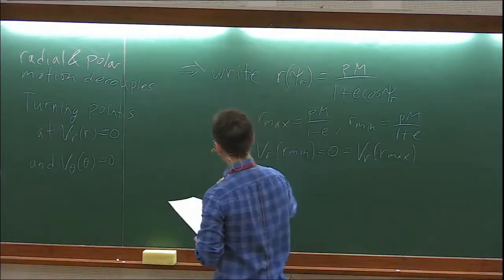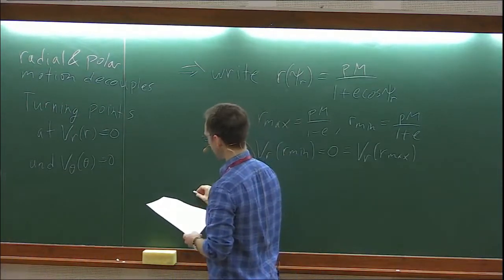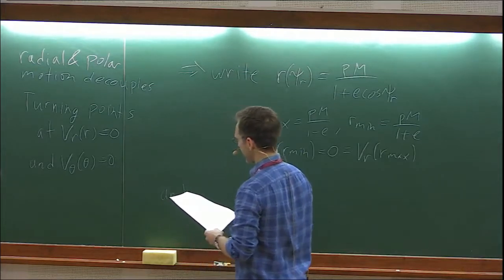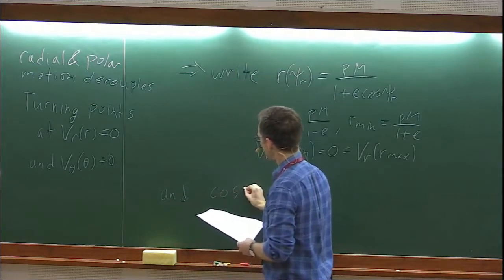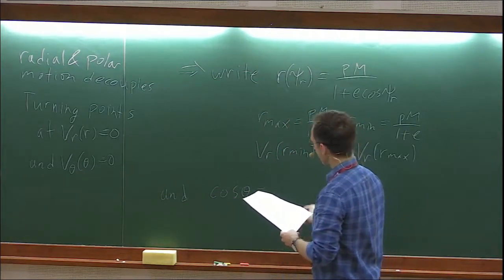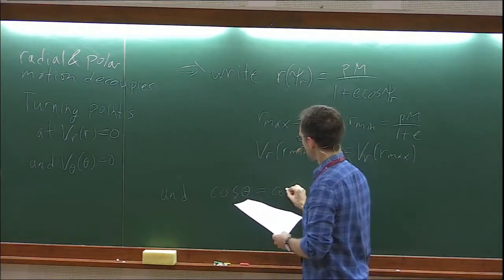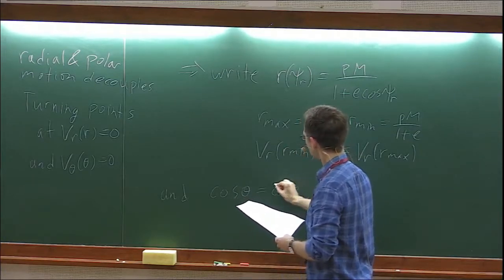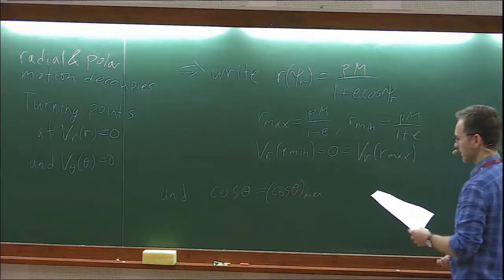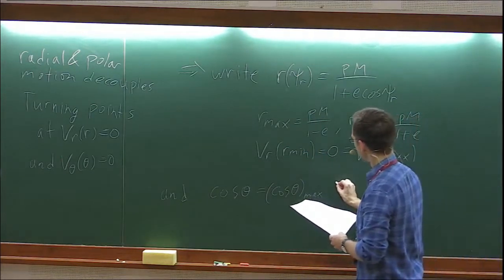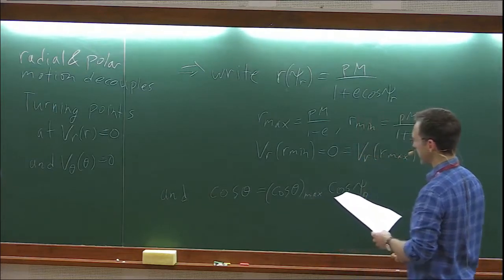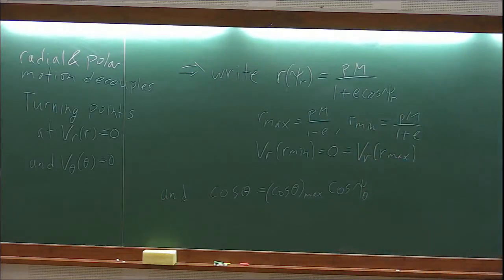So now similarly, we have the same kind of thing for psi theta. We're going to write it in a somewhat unintuitive form, where cos theta is cos theta max, the maximum value of cos theta, times cosine of some other new phase.